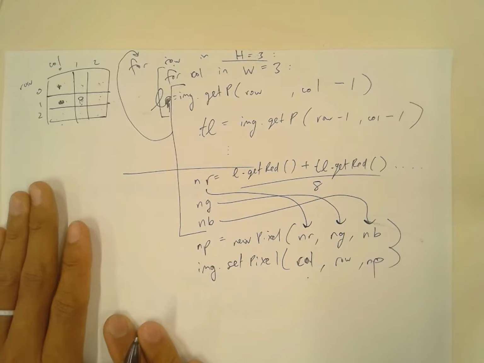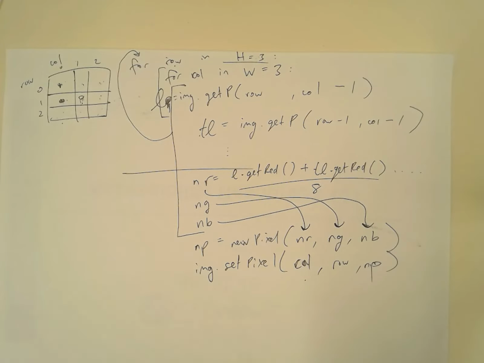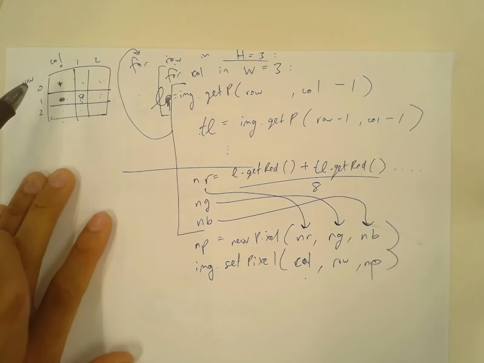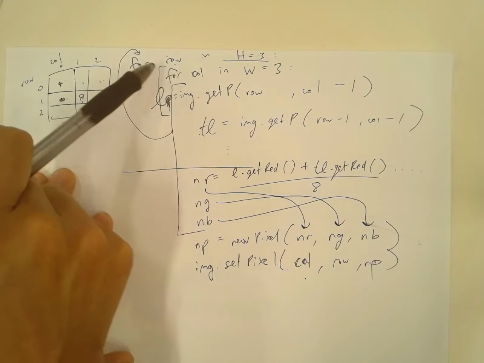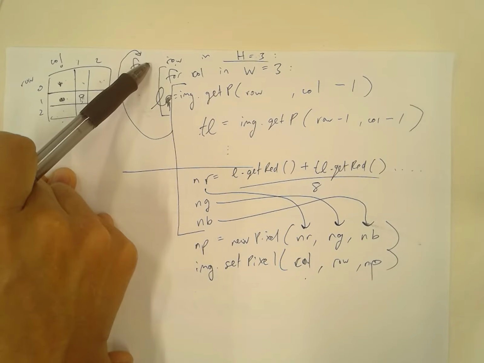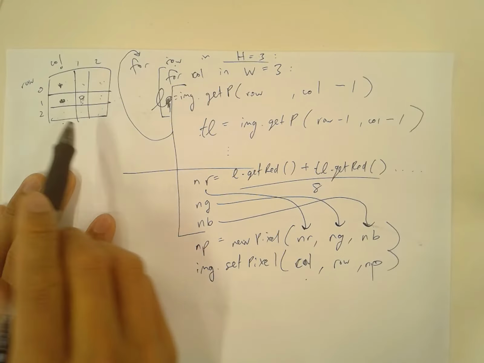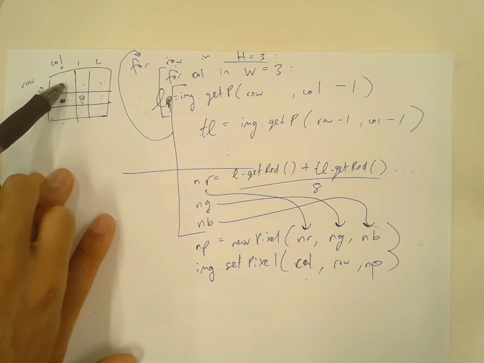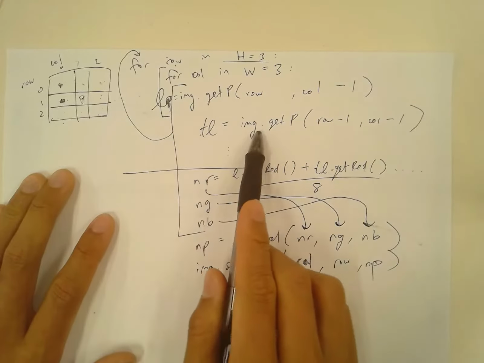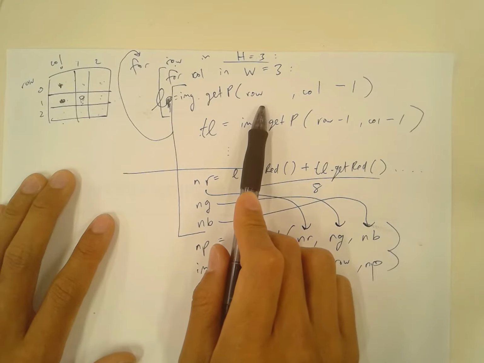We run this, and what you're going to see is that it doesn't work. Okay, and the reason why it's not going to work is because when we first start this nested for loop, the first iteration of this outer for loop, row is going to be set to 0, column is going to be set to 0, and we're going to be considering this pixel right here in the top left corner of the image. And then it's going to come in here and run the first get P, right?